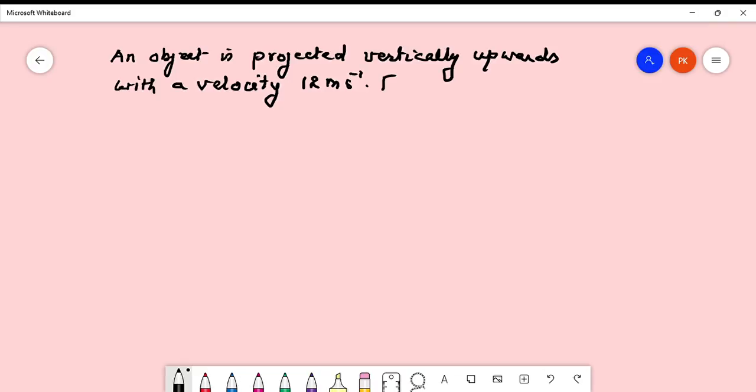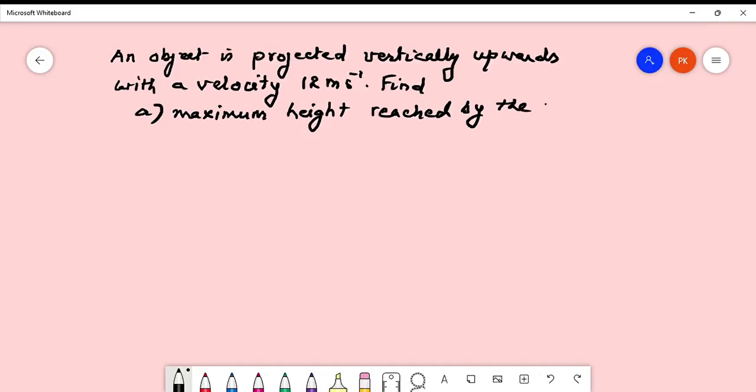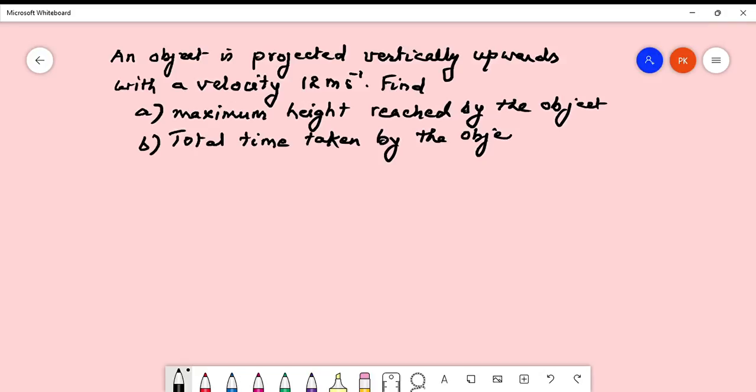So find, A, the maximum height reached by the object, and second, the total time taken by the object to come back to the ground.